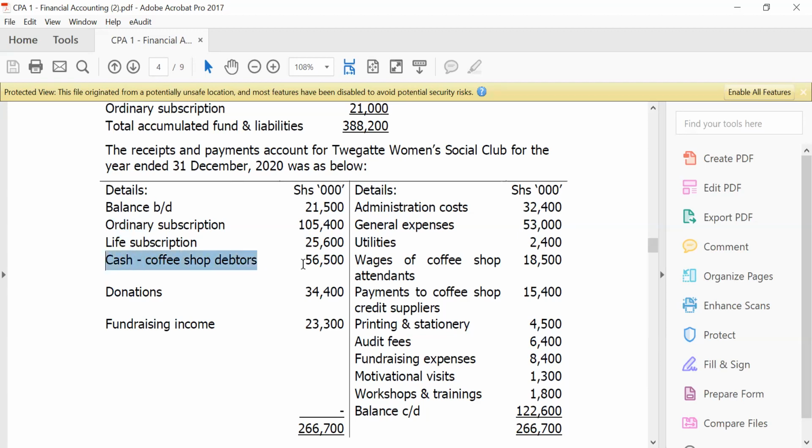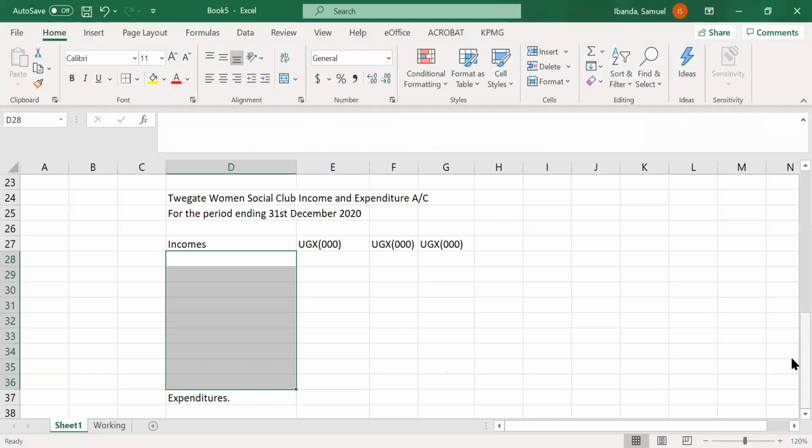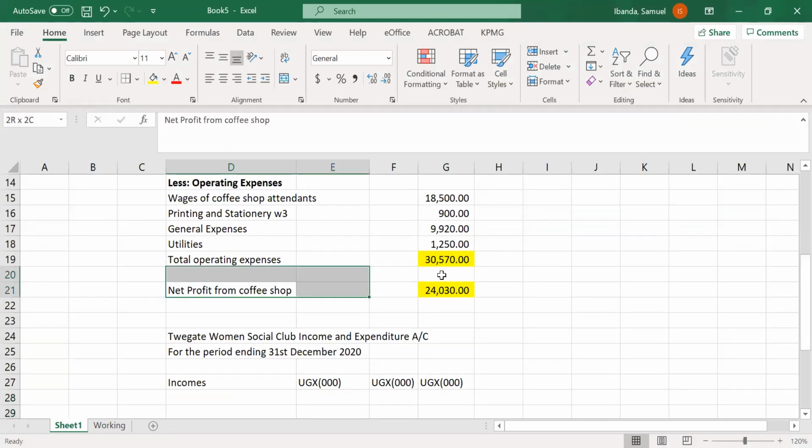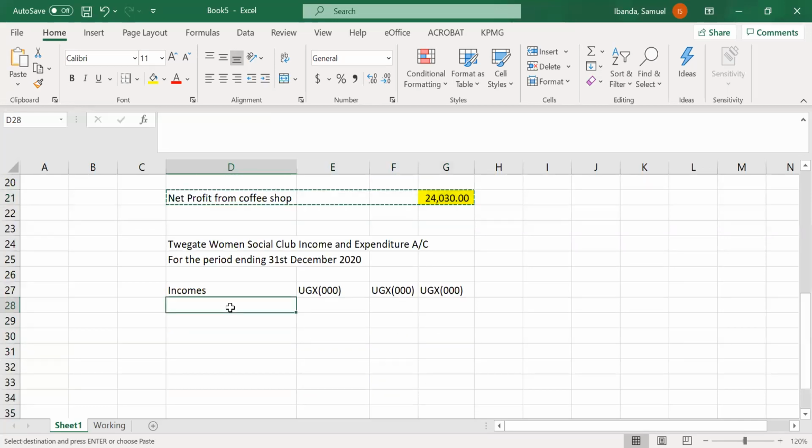Now, the coffee shop, we get the profit. The profit from the coffee shop is an income for the club, so it is recorded under the income and expenditure. What I'm trying to say is that this profit we have gotten here is supposed to be recorded under our incomes.